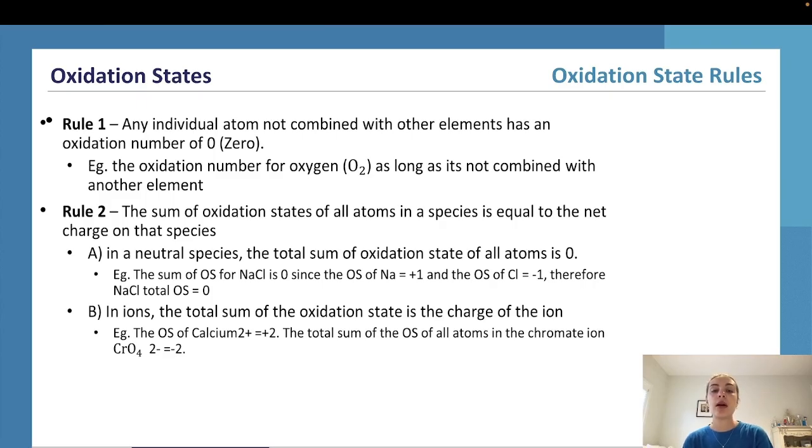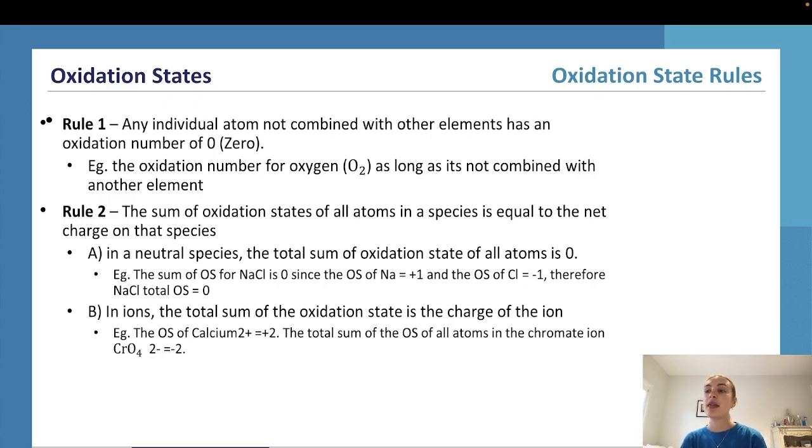So, for example, if we're looking at the chromate ion, which is CrO4 2-, the entire chromate ion is going to have an oxidation state of -2, which means that everything in that needs to add up to -2.